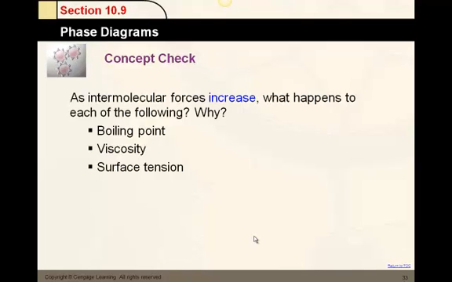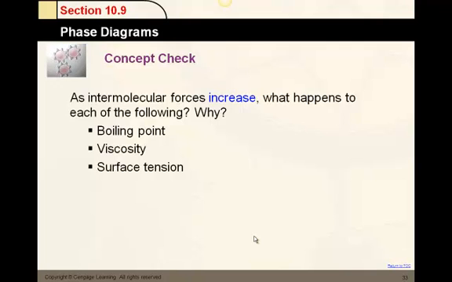Things that are viscous, those molecules can't slide past each other well, and therefore they have a very high surface tension. Water has a high surface tension and a relatively high viscosity. You might not think water is very viscous as compared to, let's say, maple syrup, but maple syrup is a much bigger molecule. It's a sugar molecule. Water has only 3 atoms, and water has a pretty high viscosity.